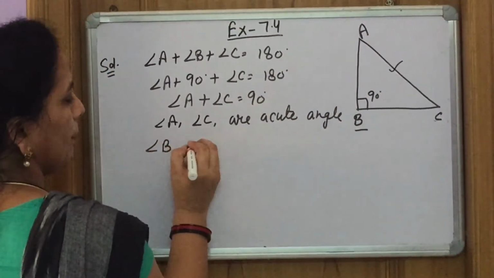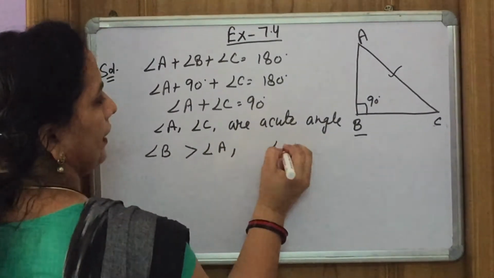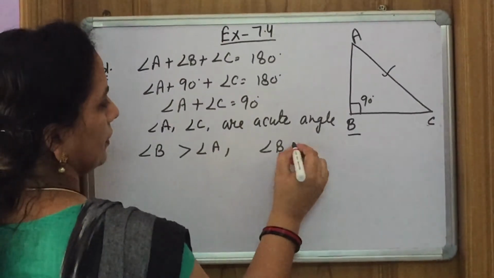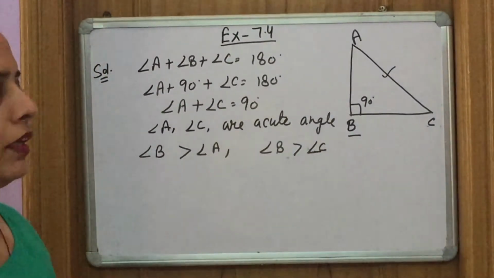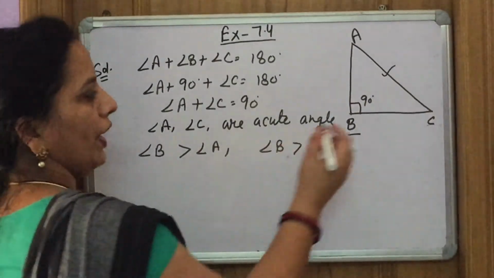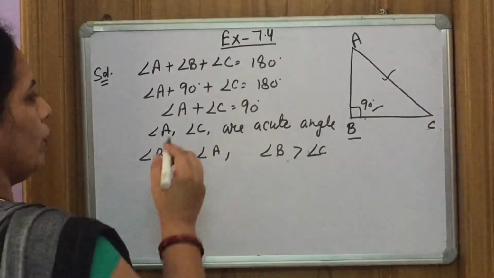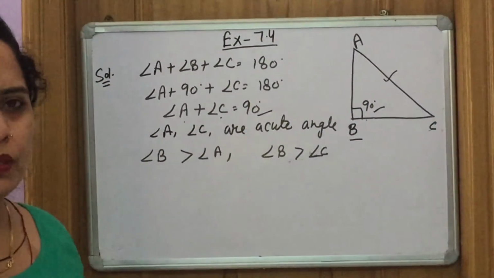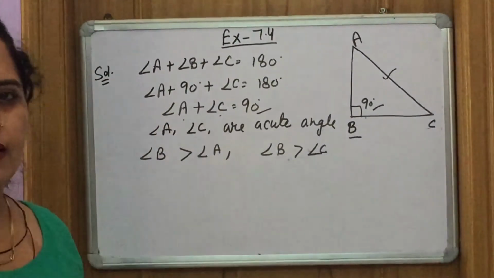angle B will be greater than angle A and angle B will be greater than angle C. I am repeating, because the value of angle B is equal to 90 degrees and the sum of angle A and angle C is equal to 90 degrees. That means the value of both angles is less than 90.